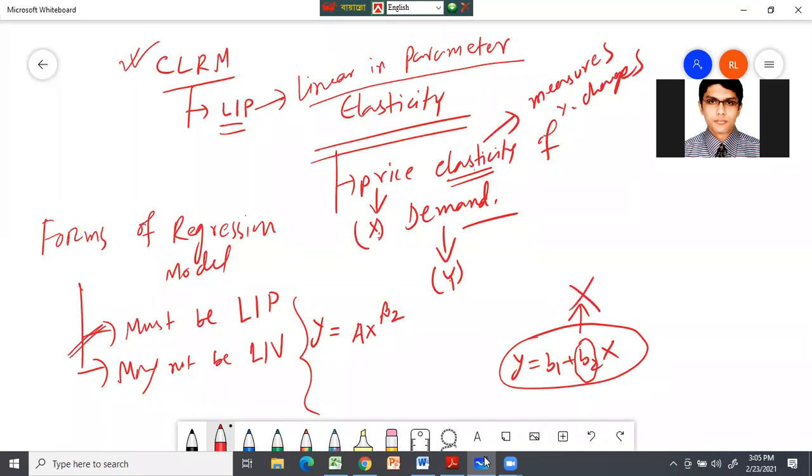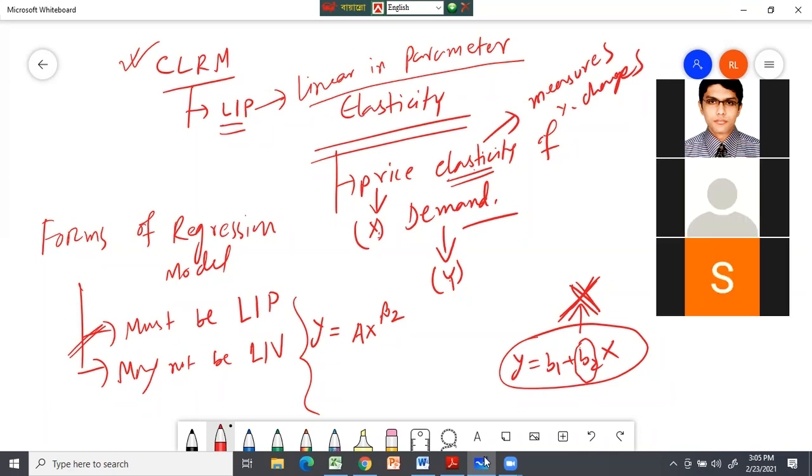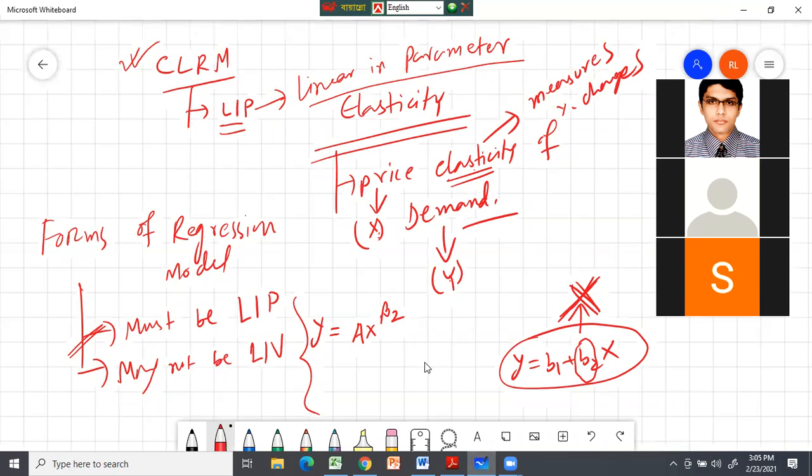This model is not applicable for expressing the relationship between price and demand in terms of elasticity, in terms of percentage changes in the dependent variable due to the percentage change of the independent variable. So what we can do here is we have to reconstruct the model in such a way that it will incorporate the elasticity measures. Okay. So how do we actually reconstruct the model?